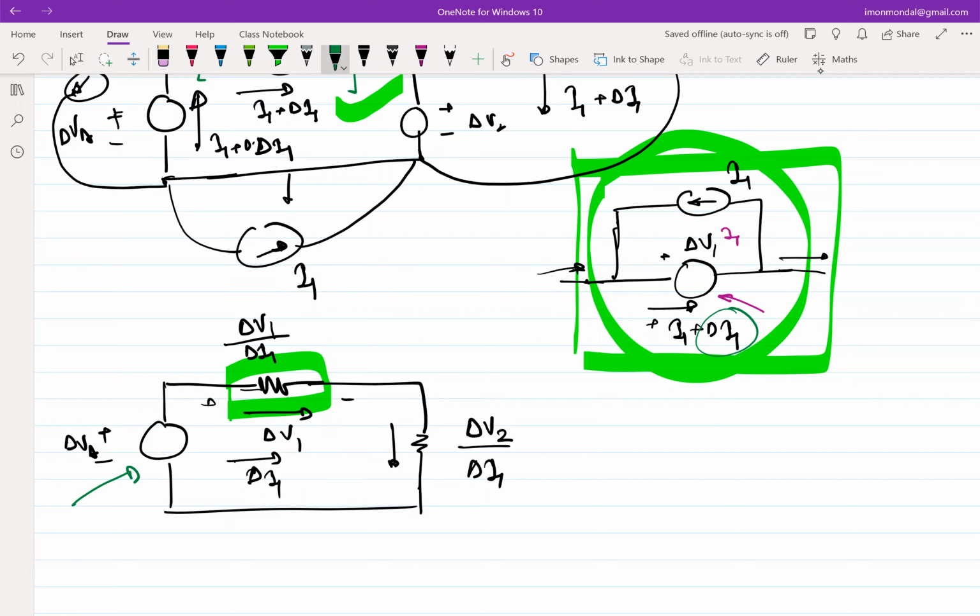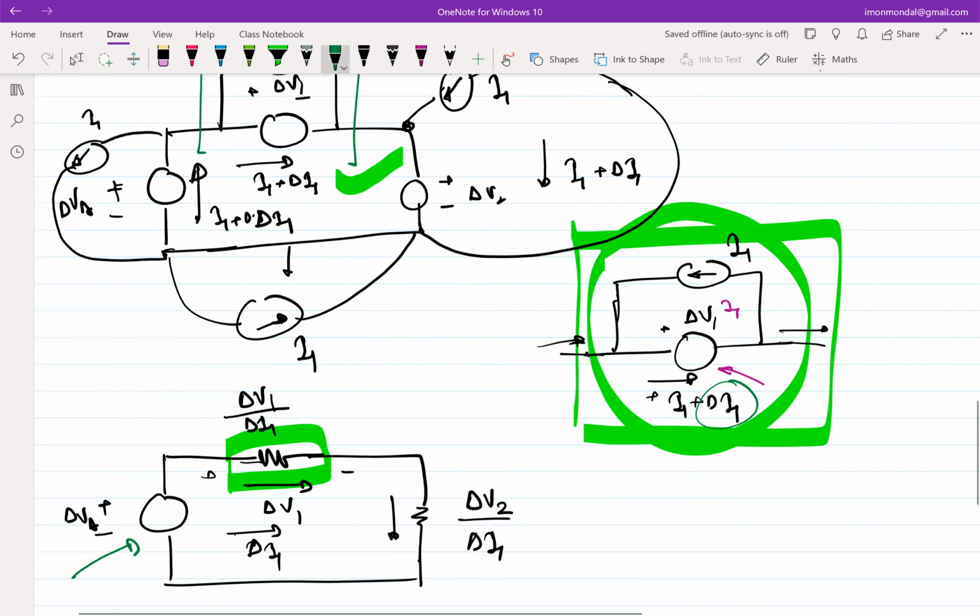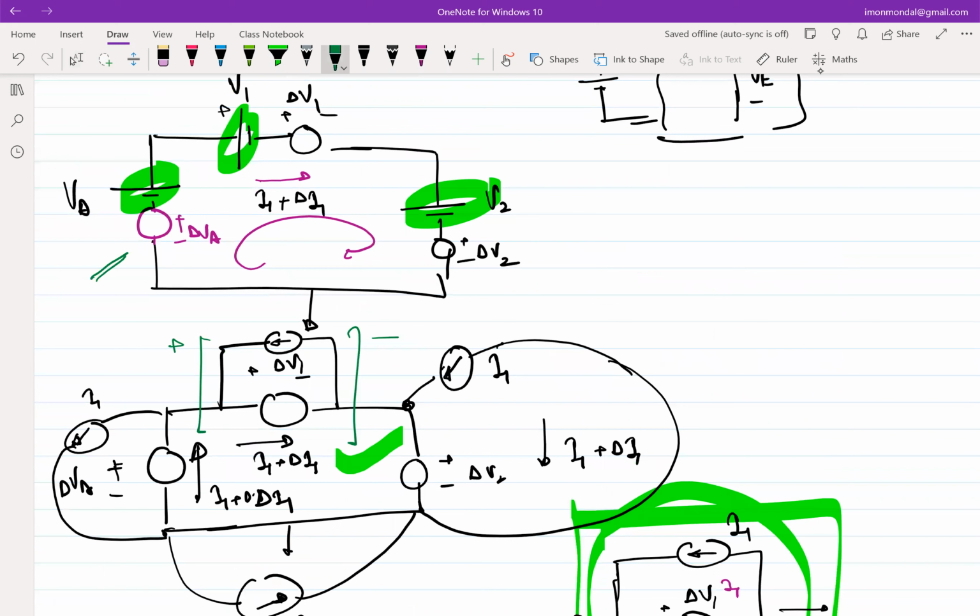Okay. So the reason I didn't replace delta VA with a resistance is because delta VA by definition is an excitation. Mathematically, yes, you can. But in this case, the whole purpose of why we are having this delta I1, delta V1, delta V2 is because I have applied a delta VA as an excitation.